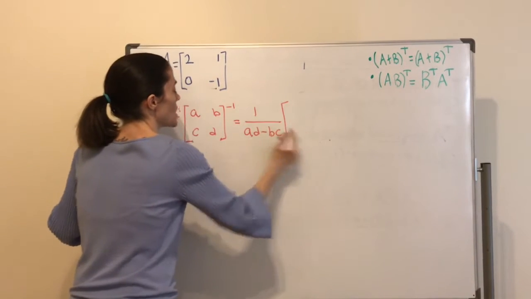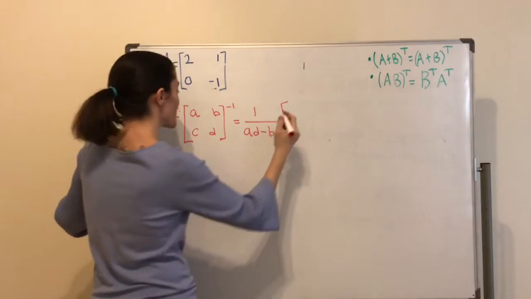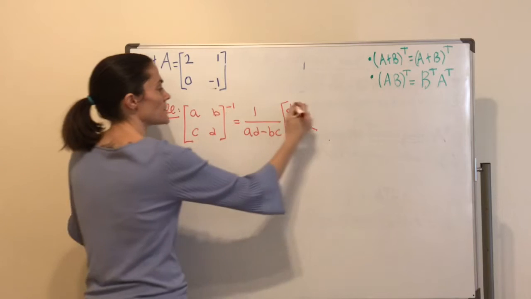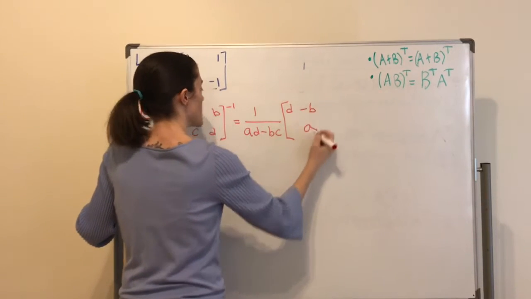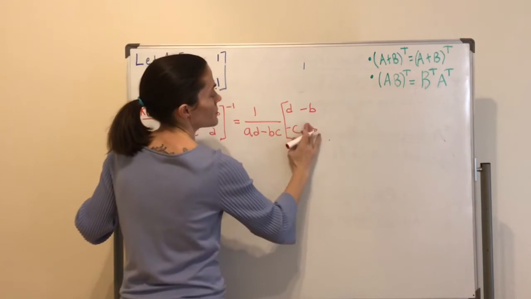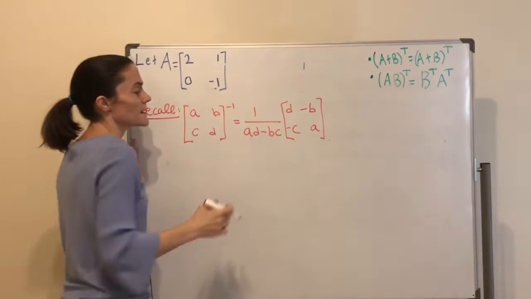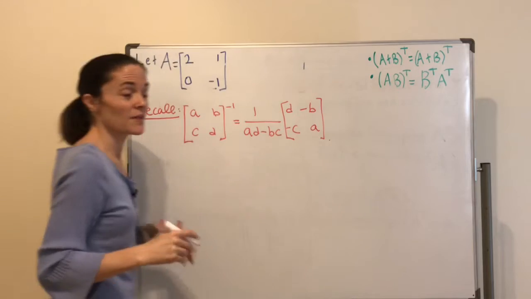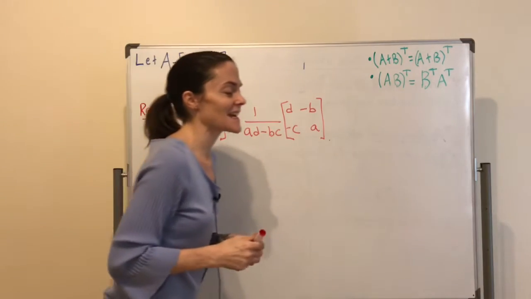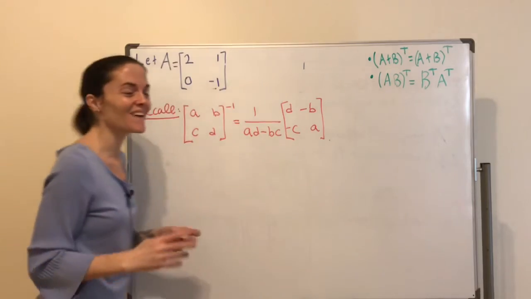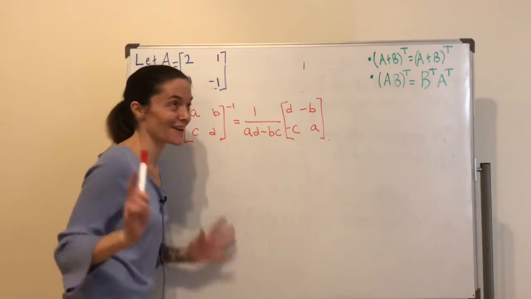And then you flip the main diagonal, this will become D, A, and you take negatives of the off diagonal, minus B, minus C. And this quantity here, AD minus BC, I called the determinant of the matrix, and I said we would return to it in chapter 6, and we will. Chapter 6 is not that far away now, but we're still not there yet.